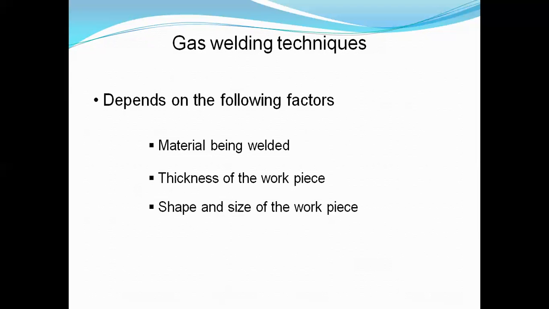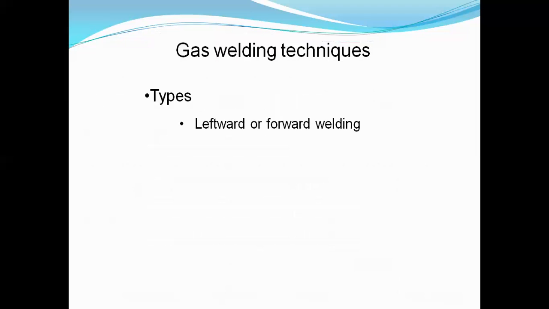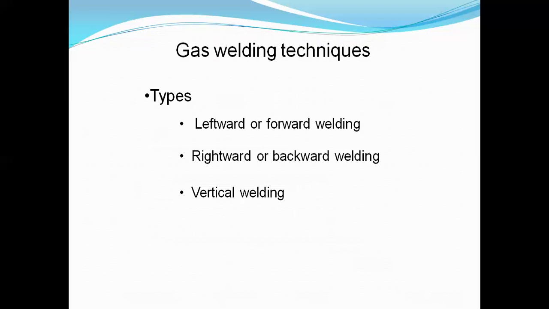The shape and size of the workpiece, and the properties anticipated of the joint, that is, the properties required after the operation. Based on these factors, we are going to deal with leftward or forward welding, rightward or backward welding, and vertical welding.